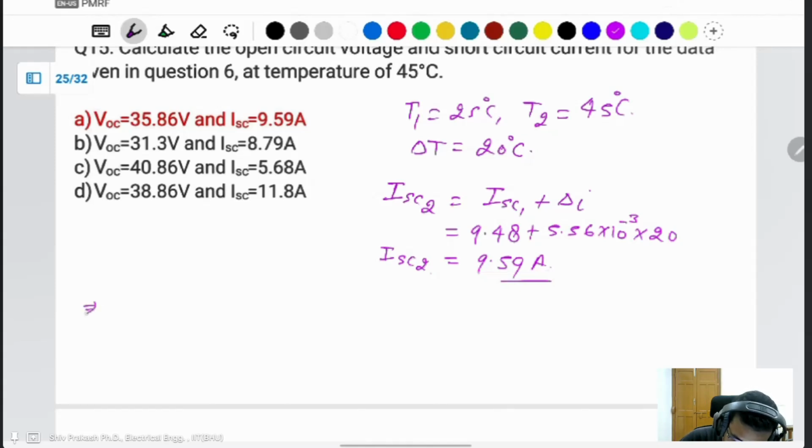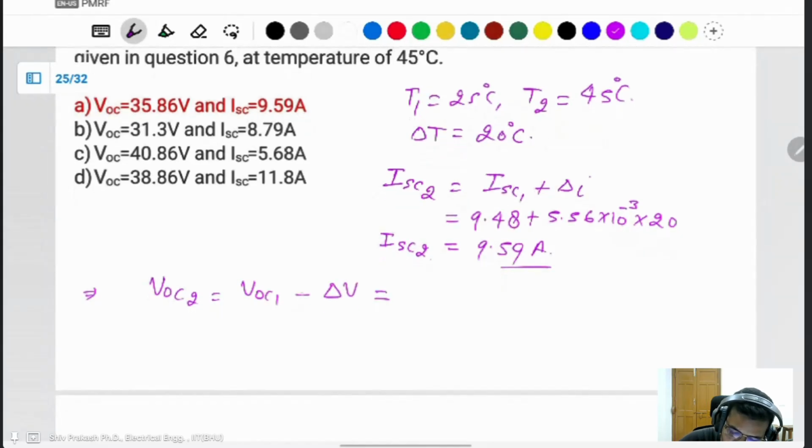Same thing for the voltage. The new open circuit voltage is VOC plus delta V. There is a negative temperature coefficient, so it will reduce.